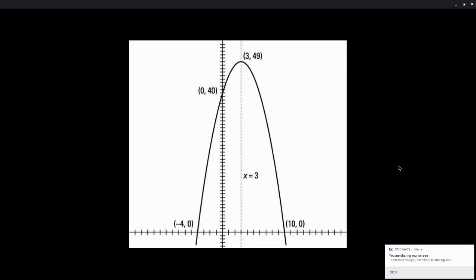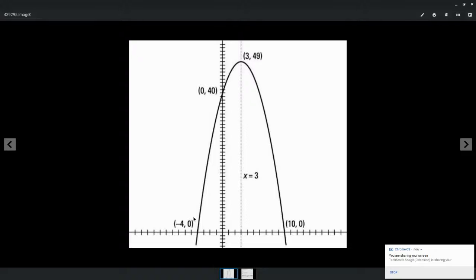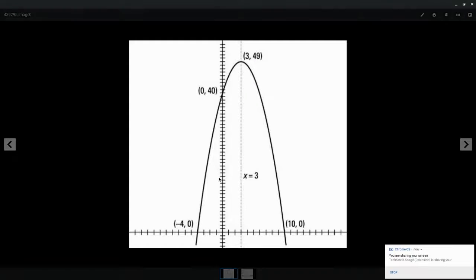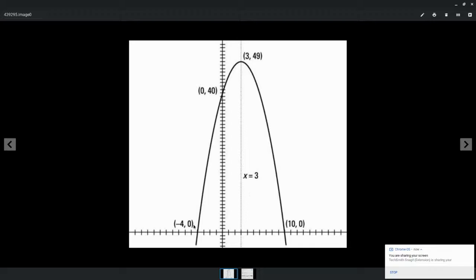Now, a quadratic function always graphs into a parabola, and in this section, they're always looking for one of four different points. They're either looking for the zeros, the x-intercepts, the y-intercept, or the vertex. The tricky thing about the vertex is sometimes they're asking for the x-coordinate of the vertex, and sometimes the y-coordinate.